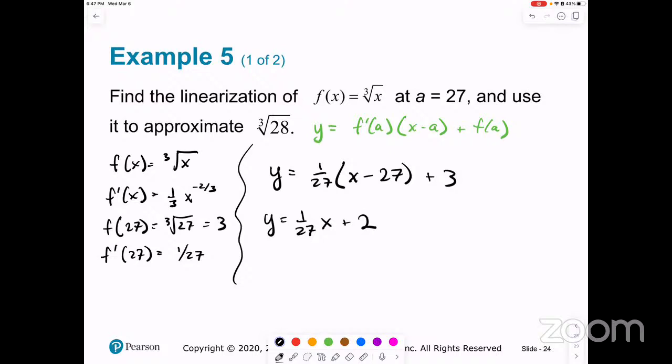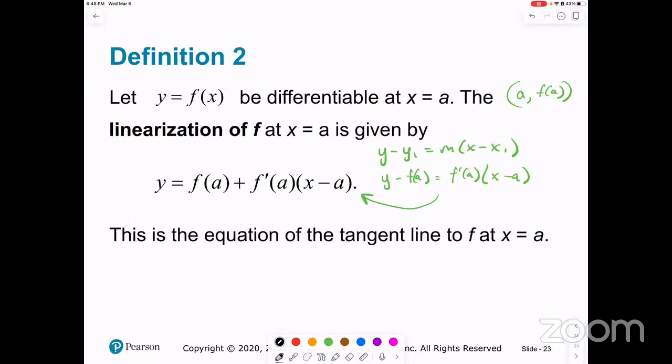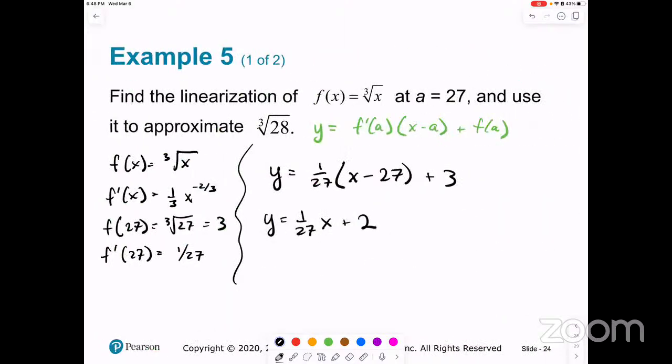Give me a moment, I'm just trying to think how to tie that into the cube root of 28. Let me see what we had on the previous slide. Okay, so y equals f of x. So if we let x be 28, now we got this result for the equation of the tangent line.